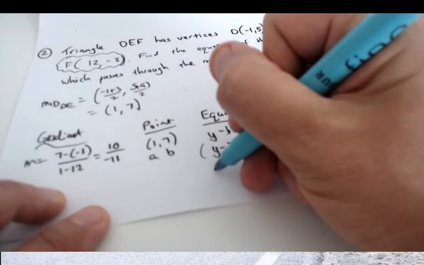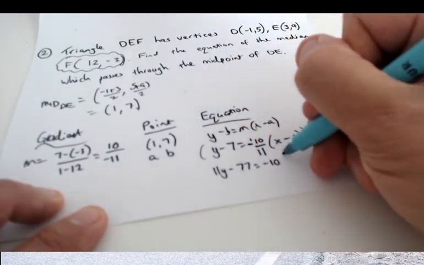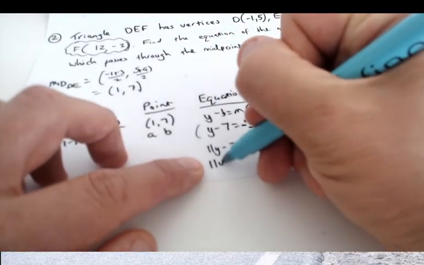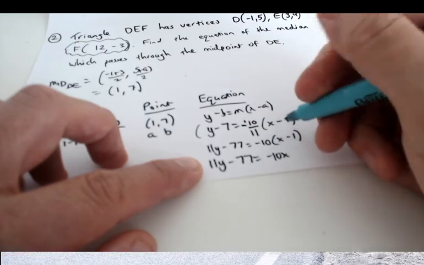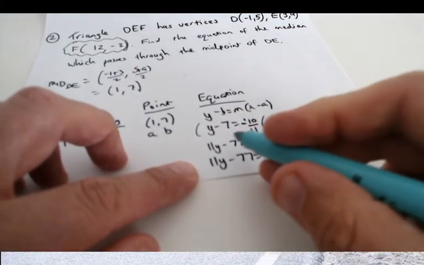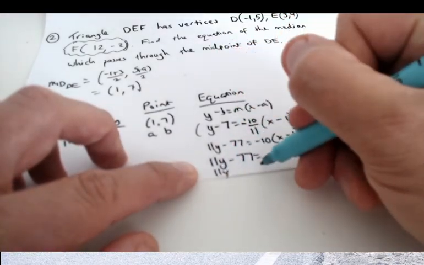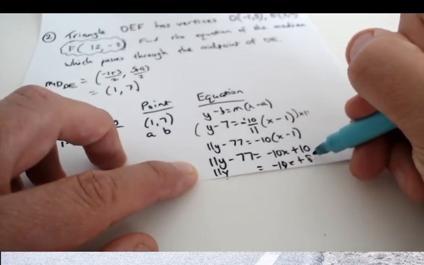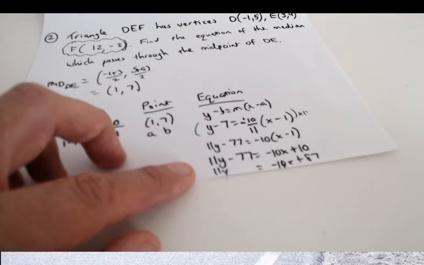I'm going to get 11y take away 77 will equal minus 10 bracket x take away 1. I'll multiply it in my bracket. Be careful with your negatives. Minus 10 times minus 1 is positive 10, and then I'll add 77 to both sides, and I get a final answer of 11y equals minus 10x plus 87.